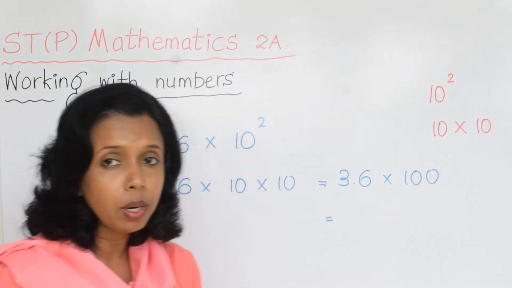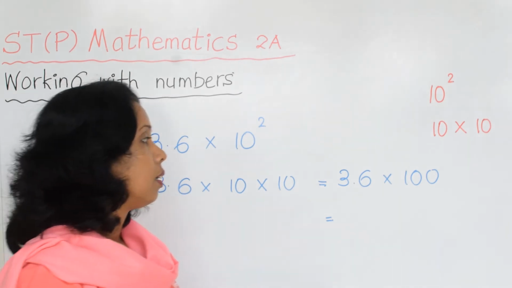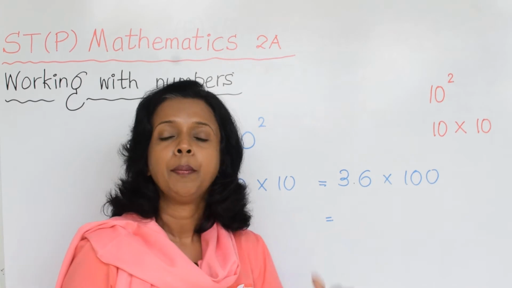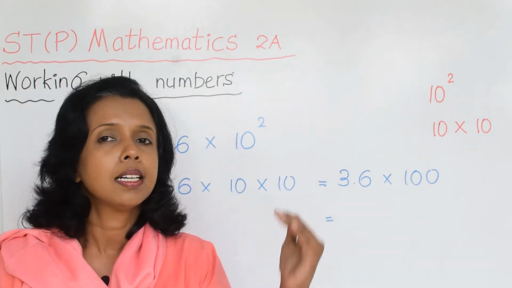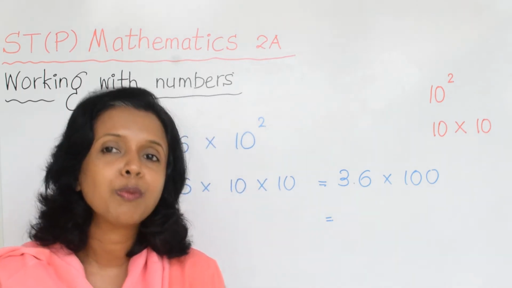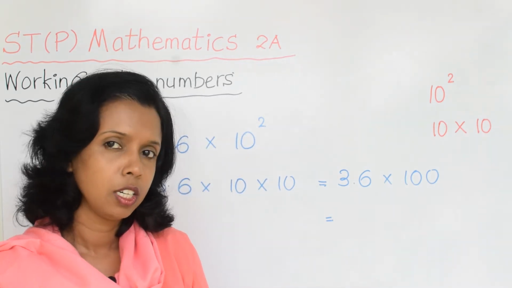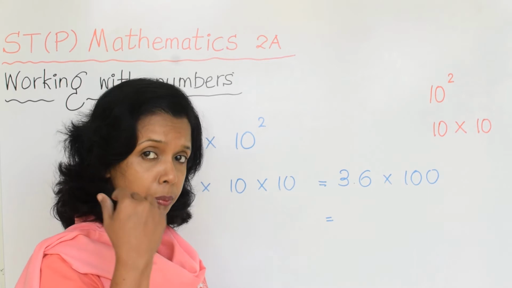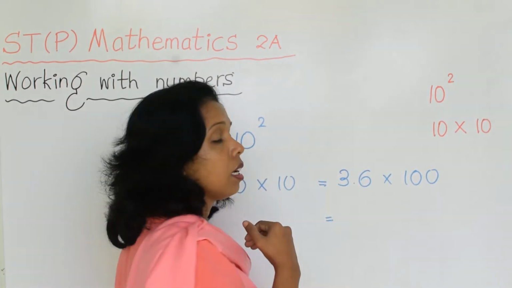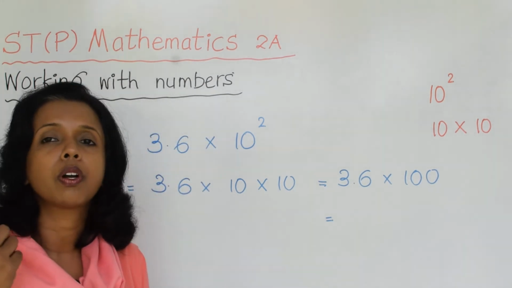To solve this step, you want to use your knowledge which you gained from the STP Mathematics 1A book. Can you remember the decimal lesson, when you multiply a decimal number by 10, 100, 1000, what happened, children? You want to move the decimal point to which side when it is multiplication? You want to move the decimal point to this side according to the number of zeros.